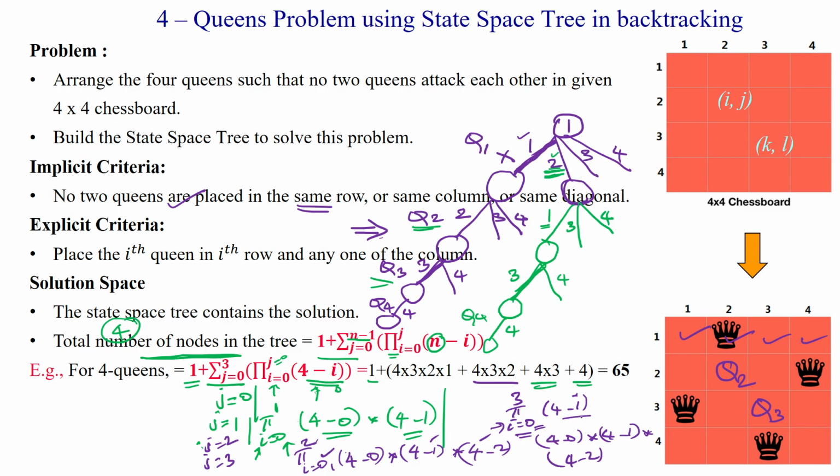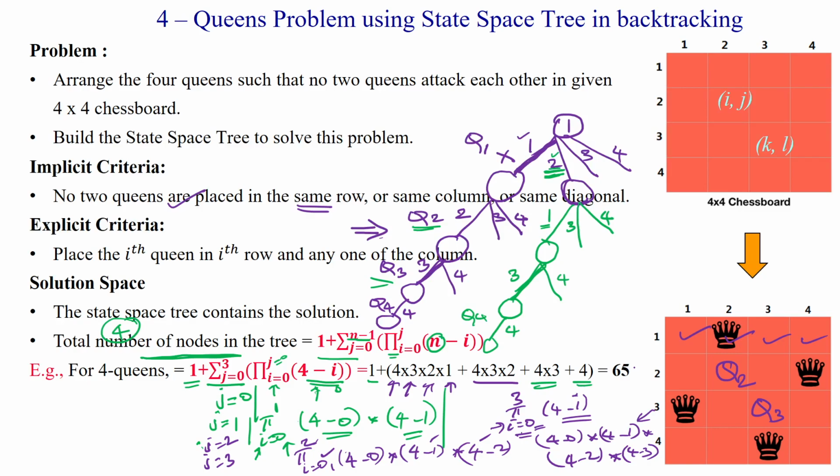Multiplied with, then i is incremented to 3, 4 minus 3. So applying those subtractions, 4 minus 0, 4 minus 1, 4 minus 2, 4 minus 3.